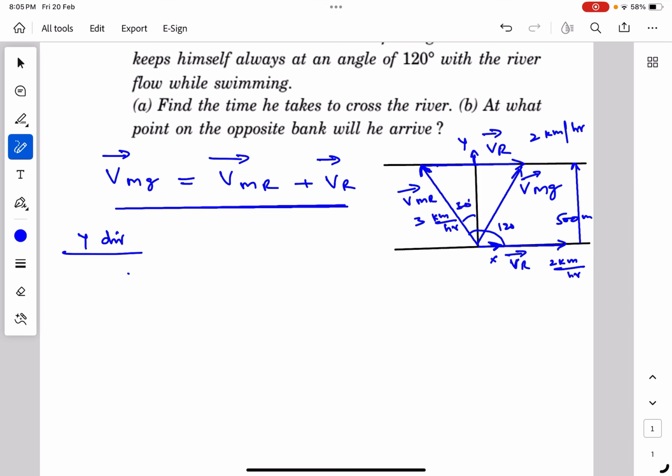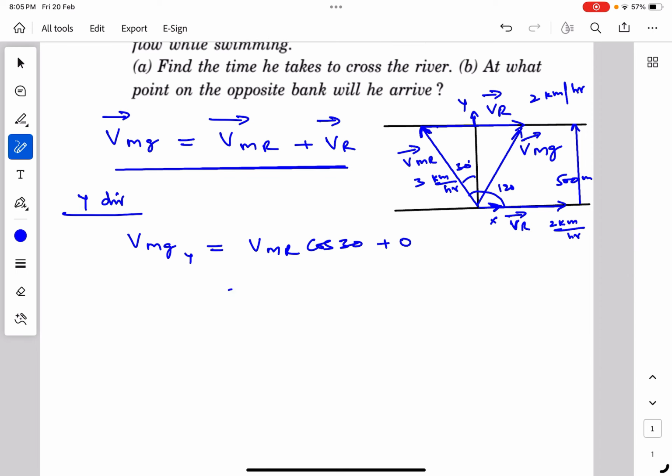So velocity of man with respect to ground in the y direction will be equal to velocity of man with respect to river cos 30 degree, and velocity of river in the y direction is 0. So this gives us 3 root 3 upon 2 kilometers per hour.